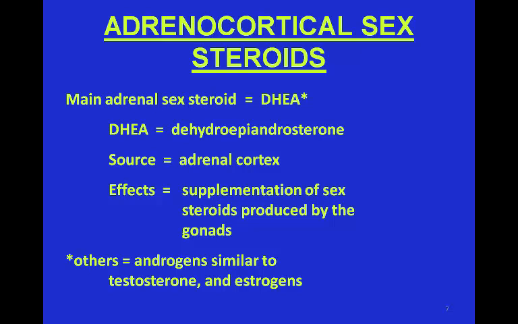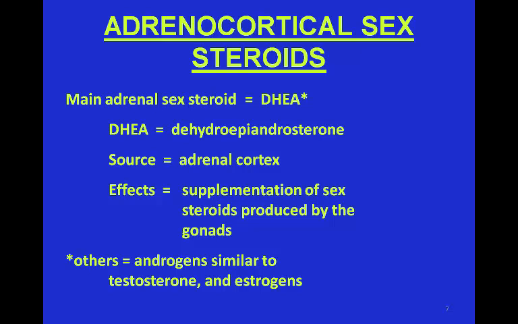The main adrenal sex steroid is called DHEA, which stands for dehydroepiandrosterone, which not only is a hormone, but it's also a very popular supplement that is accepted widely in the medical community as being a supplement that actually can do a lot of good in certain people.